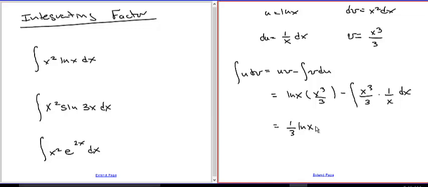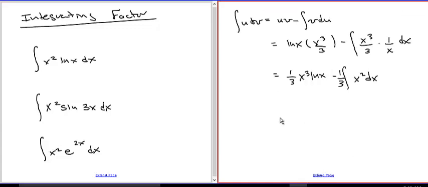So the first term becomes 1/3 the natural log of x. Actually, let's put x cubed first. That way there's no confusion about where it is. So we get 1/3 x cubed natural log of x. And the second part, you end up with 1/3, factor out the 3, x cubed divided by x is x squared, so you get x squared dx.